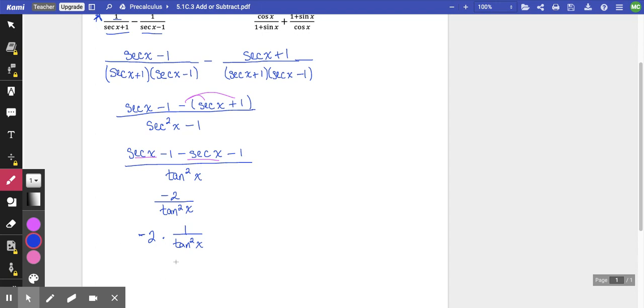And 1 over tangent squared of x, using a reciprocal identity, that would be the same as cotangent squared of x. So now this would be equivalent to negative 2 cotangent squared of x. And that would be as simple as I could make it. That would probably be the best thing to do for whatever it is I'm trying to do.